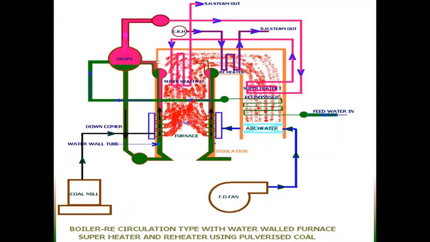Through the cold reheater, the steam enters the boiler and gets reheated, and subsequently it is sent to the intermediate pressure turbine or medium pressure turbine, and from there it goes to the LP turbine. So reheating is an arrangement to improve the cycle efficiency as well as to raise the degree of superheat of the working fluid, so that in subsequent stages of expansion we can retain the vapor phase of the fluid and get better efficiency.